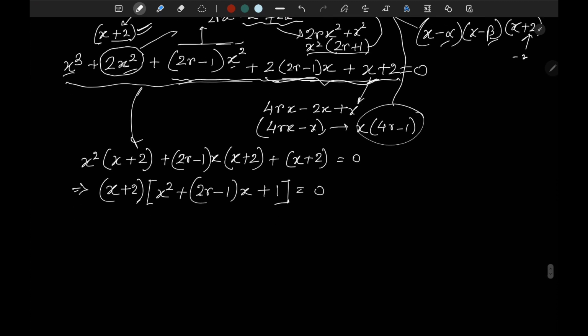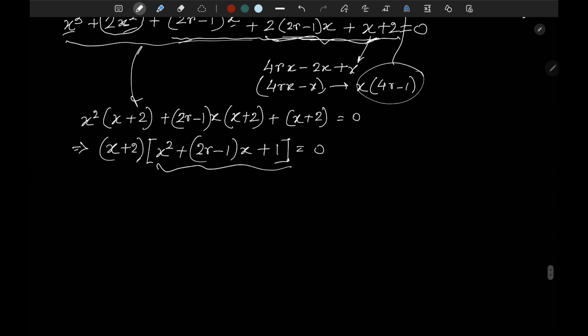this is your 0. Okay, so now this part of the expression is a quadratic, right? Now the question has said that the other two roots are real. Where are the other two roots present? The other two roots are present in this part of the equation and they are real. Now to be real, let's try to express this part of the equation as we had seen earlier.